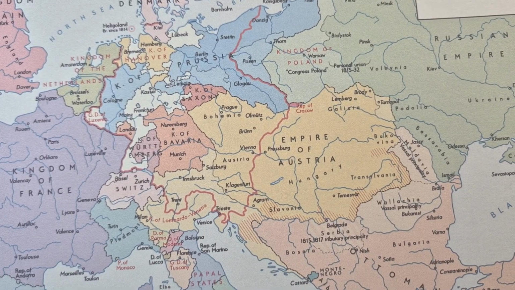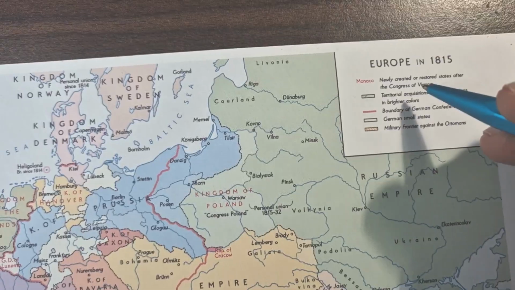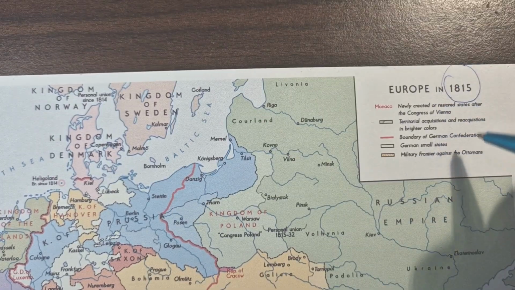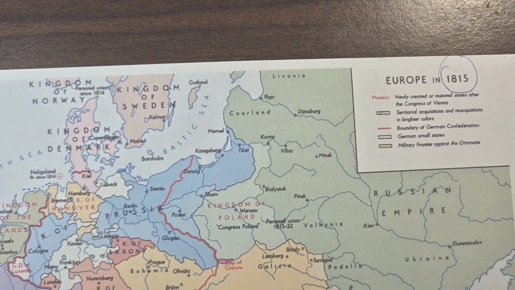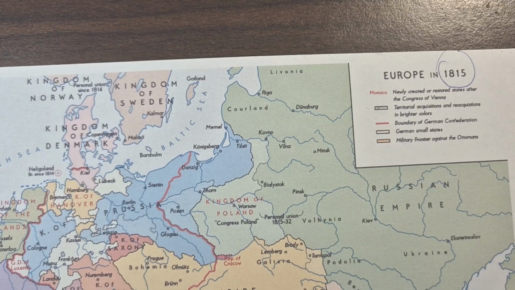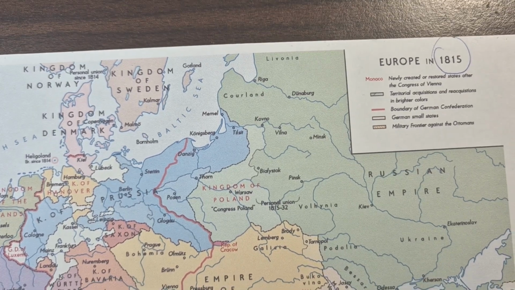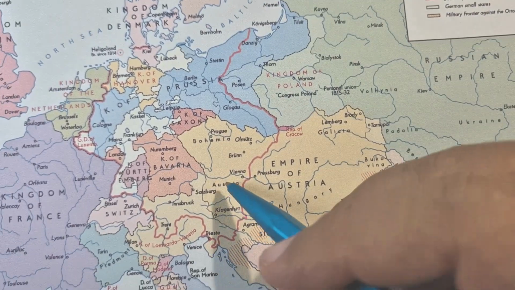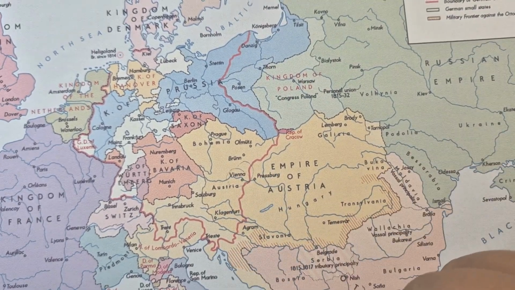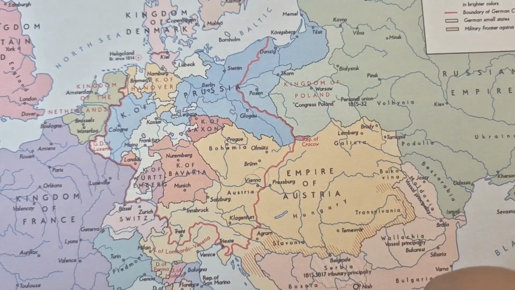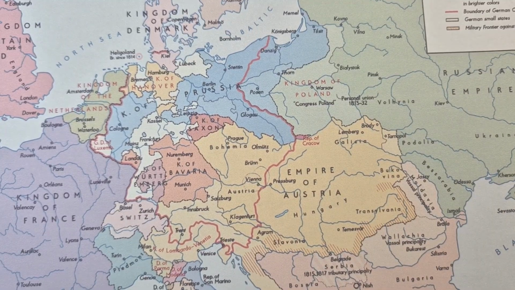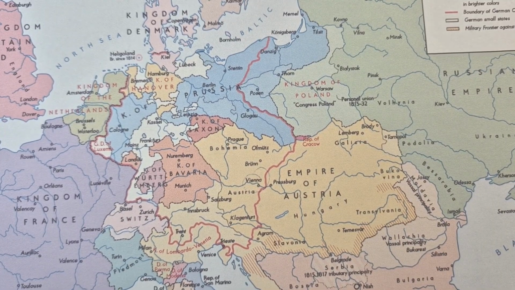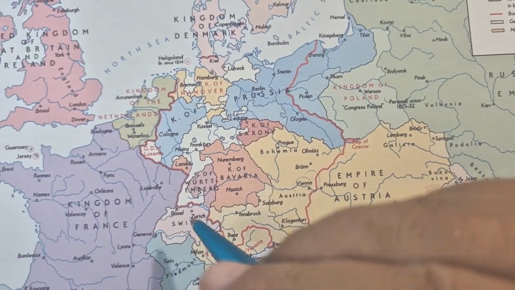Well, what I have here is the map of Europe in 1815, right after the Congress of Vienna, which reorganized the continent following the Napoleonic Wars.